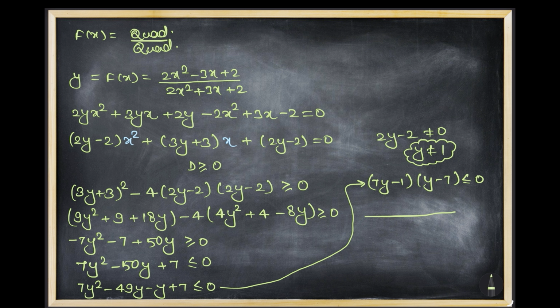Okay, so first root is 1 by 7, second is 7, the signs are plus, minus, plus, and we are interested in the negative region, therefore y belongs to 1 by 7 to 7, both inclusive.